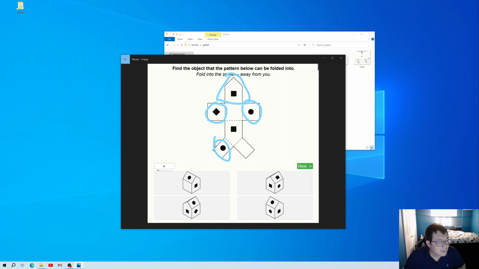So the two roof will be one dot and one blank, which is not possible in this one because they got a square here, which we don't even have a square on the roof. No matter which way you go, we can have blank or dot. Okay. And on the side of the house, you will see a square here. No matter which way you go, you're always gonna see a square. So you got a square here, you got a square here, you got a square here, which looking pretty good.